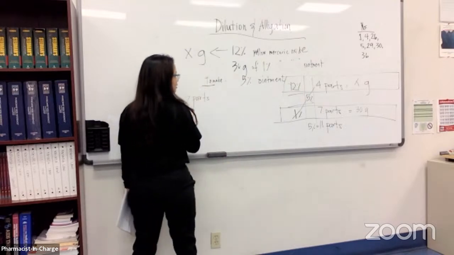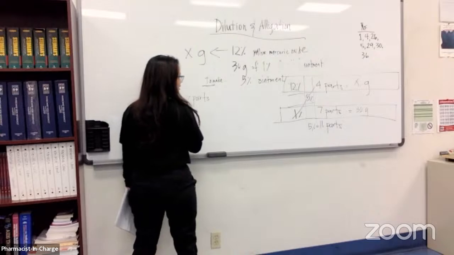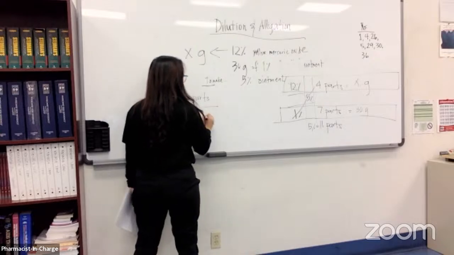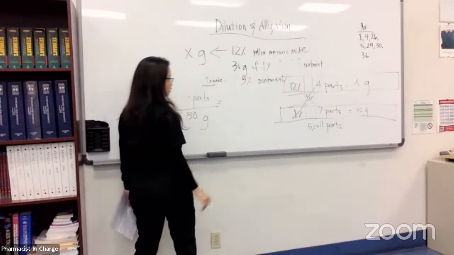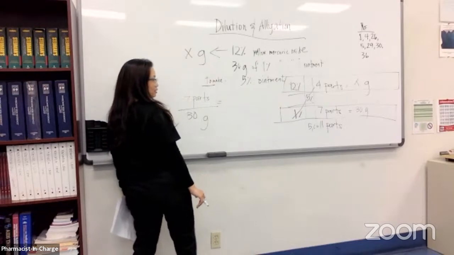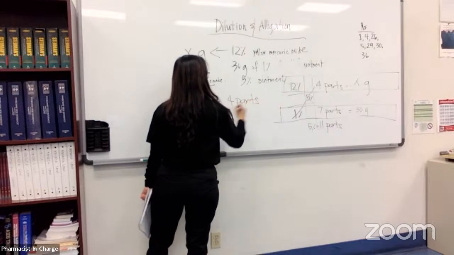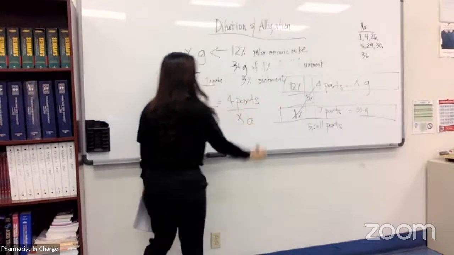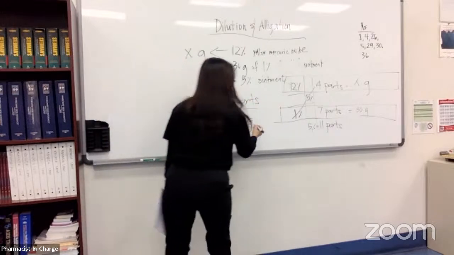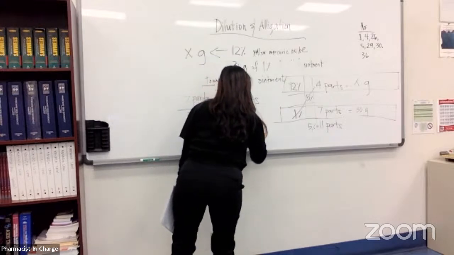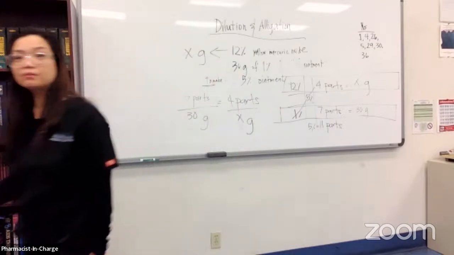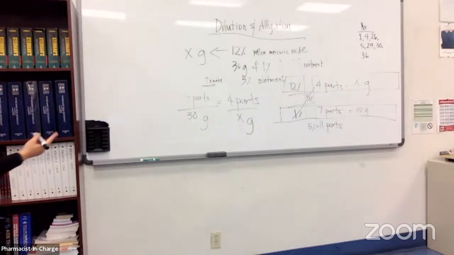If 7 parts is to 30 grams, what do I do? Then 4 parts is to X grams. Isn't this ratio and proportion? Yes. But to those of you having problems with fractions, you can do it this way.